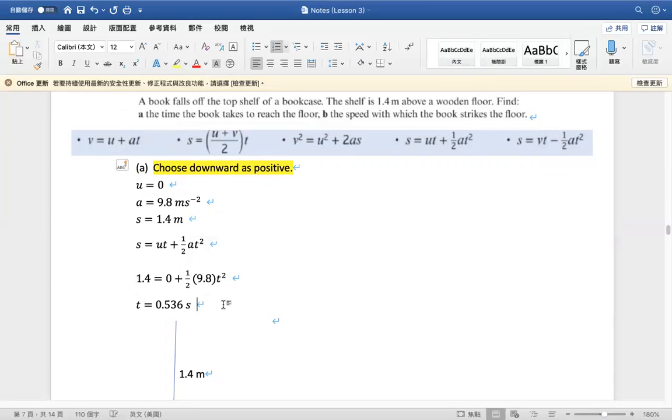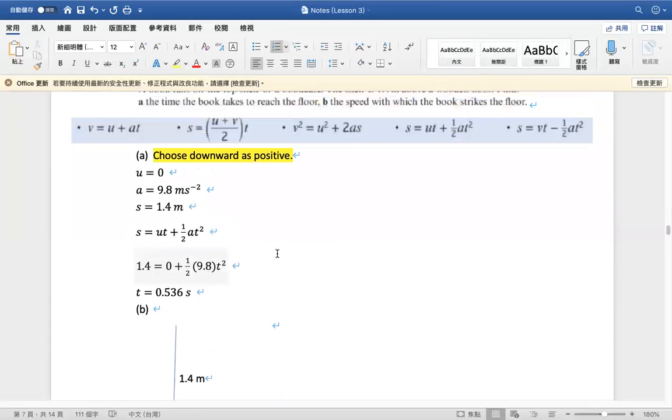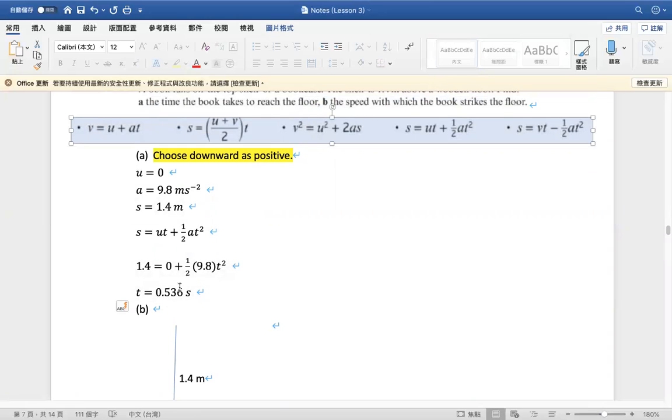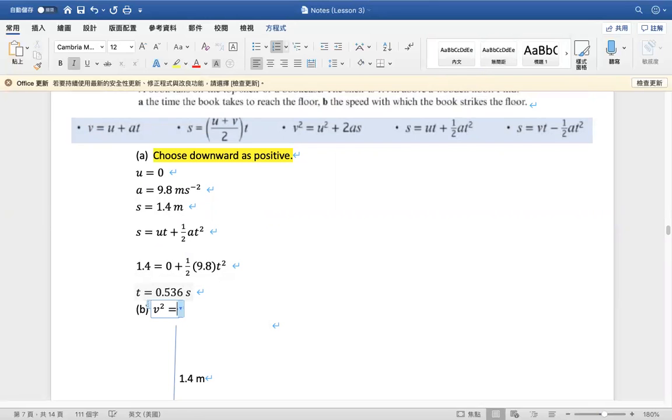All right, and then part B. We want to find the speed with which the book strikes the floor. So we want to find v. Which equation should we use? I think we should use this one, right? v squared equals u squared plus 2as. v squared, u is 0, and then 2as with s being 1.4.